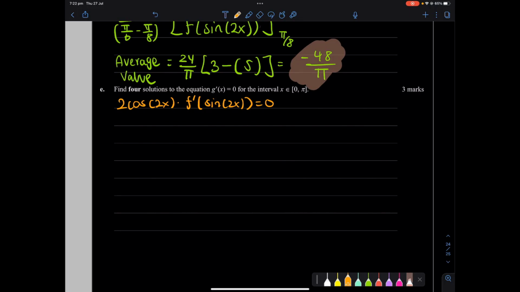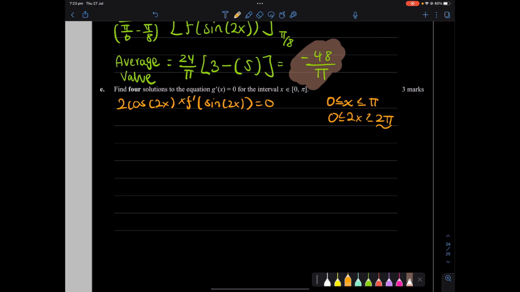How would we do that? Well, first our domain is from 0 to pi. Because we're doing 2x, wouldn't it be 0 to 2 pi? So we're doing an actual full rotation. Okay, so what do we know? We can get two equations from this because they're being multiplied.